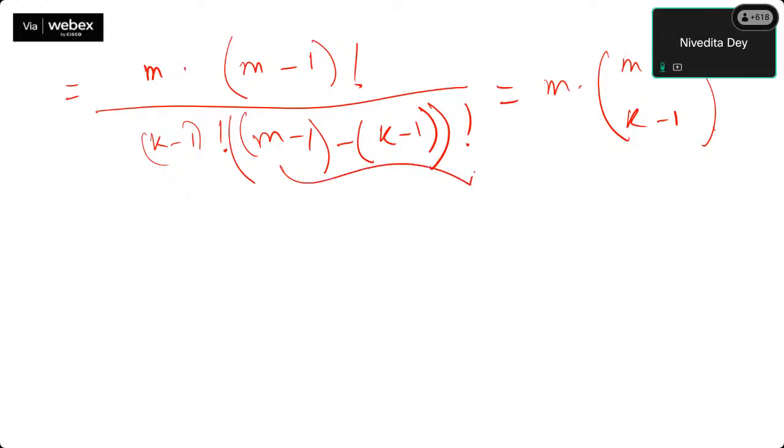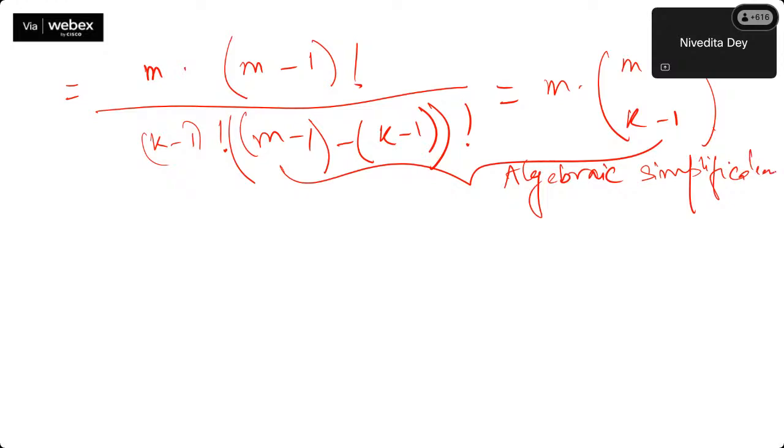How to get that? By algebraic simplification.